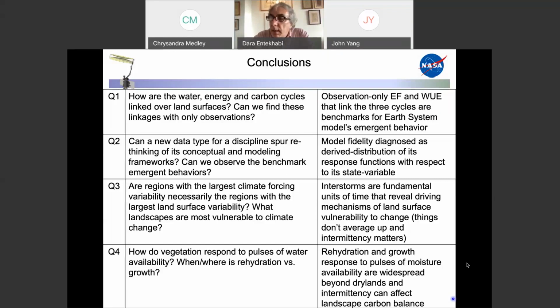One thing is that we filtered the data for frozen ground, because the retrieval of soil moisture is just not possible under those conditions. We also filter for extreme topography, if it's really mountainous.